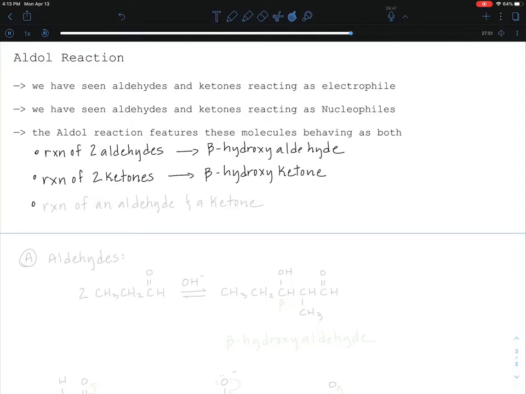And here's one your book does not talk about. It gets a little messy. The stereochemistry can get pretty interesting. We can produce a pile of products pretty quickly, but you can react an aldehyde and a ketone.